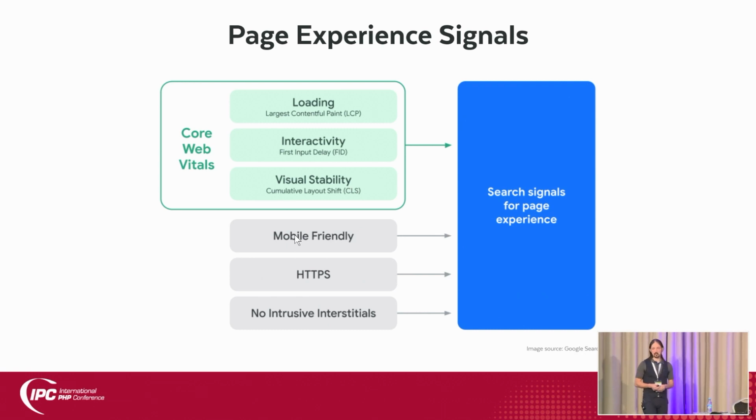All of these are being measured by Google constantly, and they are now a ranking factor to decide how far up the top of the search results your page can actually get. If your page experience is bad, Google does not want to present it to their users, because it only wants to show the best possible sites, and that is not the content alone, that is also the user experience.